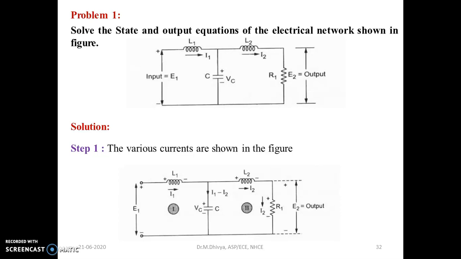One is mesh analysis or nodal analysis, and another one is using the network theorems. Now, we need to solve the state and the output equations. The input is the voltage provided in the first part of the circuit, and the output to be inferred is across the resistor R1.